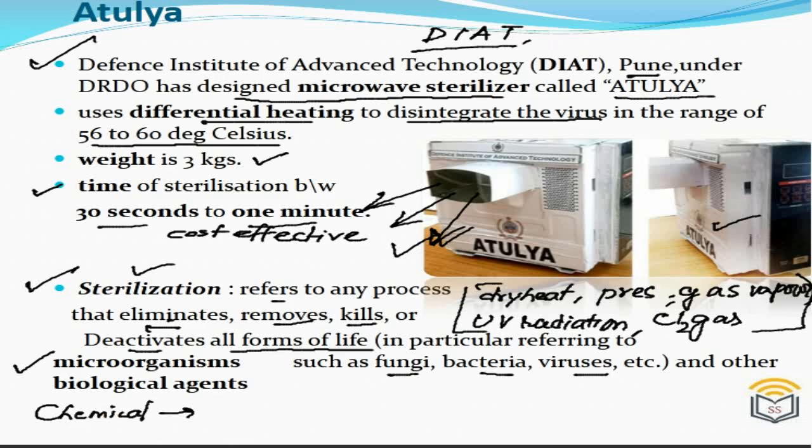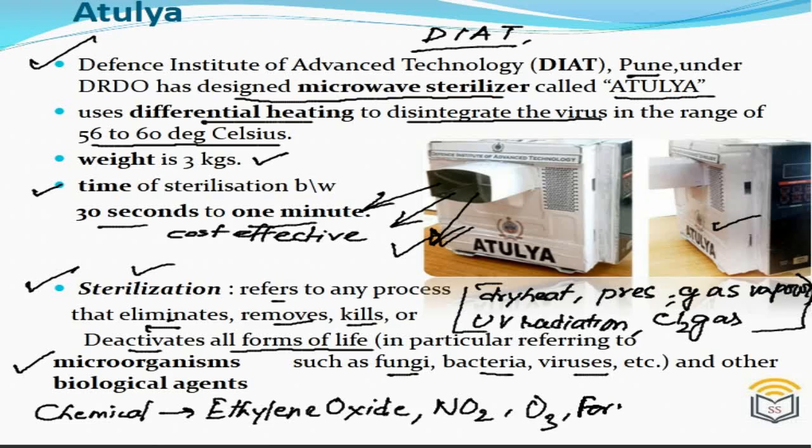There is also chemical sterilization. In chemical sterilization, ethylene oxide, nitrogen dioxide, ozone, formaldehyde and hydrogen peroxide are used, just to remember.